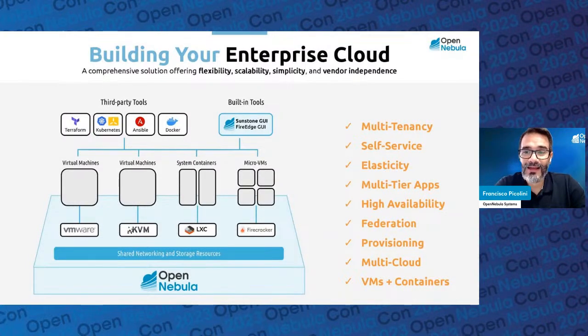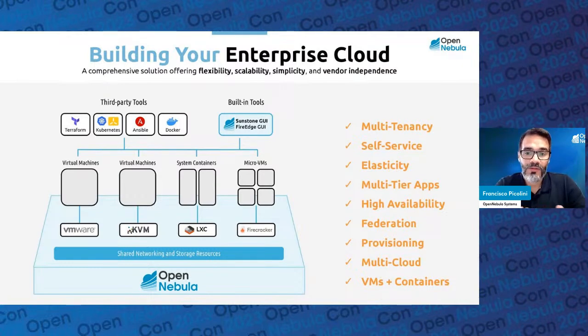And like I said before, OpenNebula is a simple open source solution to build and manage enterprise clouds that combines existing virtualization technologies with advanced features for multi-tenancy, automatic provisioning, and elasticity in order to offer on-demand virtualized services and applications. OpenNebula integrates multiple types of virtualization technologies, so you can meet different workload needs.